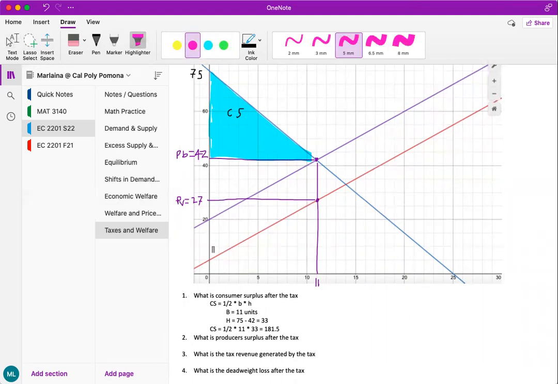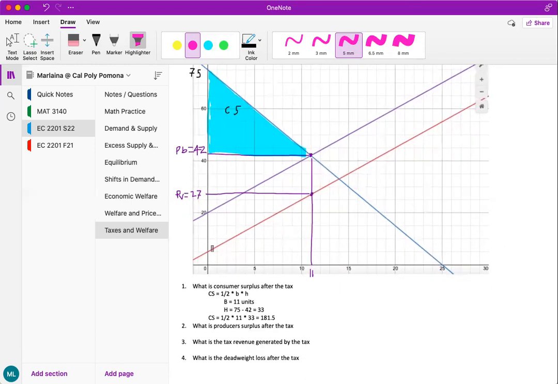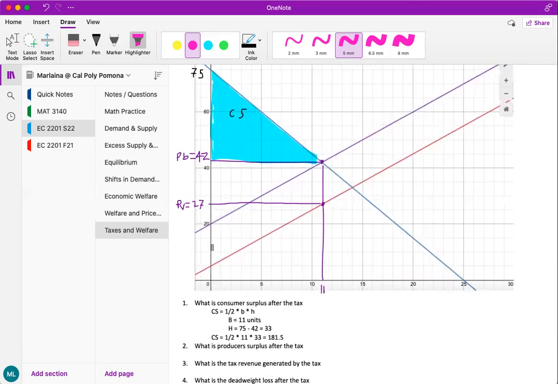So for our producer surplus, we're going to be looking at our original supply curve. We're going to go along the supply curve going up to the price that the producers are going to be receiving.